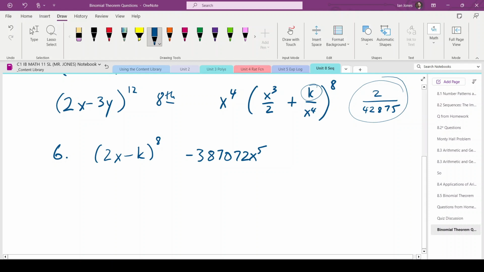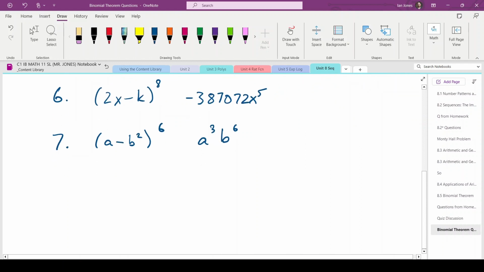I'll do that one. Then I'll do number 7 in the textbook, where we are told that a minus b squared to the exponent of 6 gets expanded, and we want to know the coefficient of the term with a cubed b to the 6th.